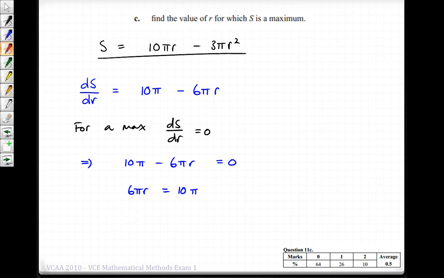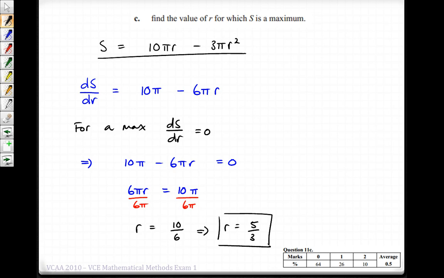Then we divide by 6 pi, and we're left with r equals 10 on 6. The pi's will cancel, and going a little bit further, we could call that r equals 5 on 3 to get the simplest fraction we possibly can. So that's the value of r for which s is a maximum.